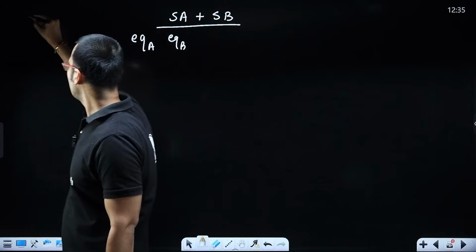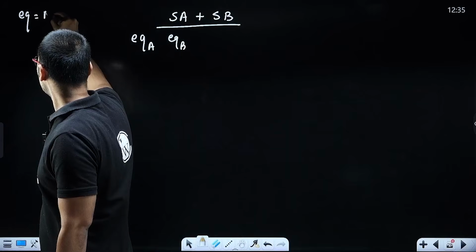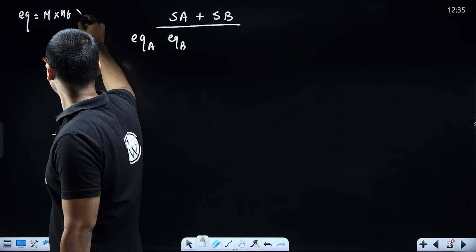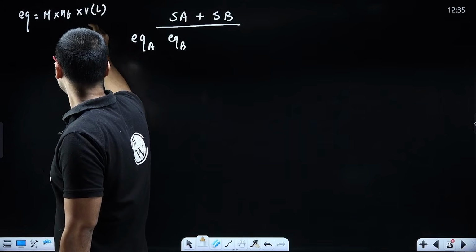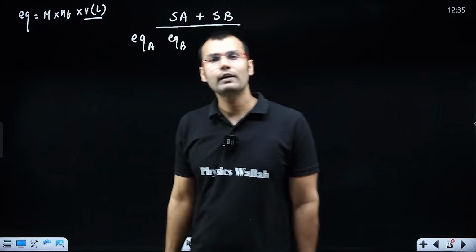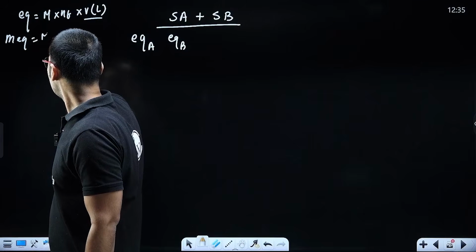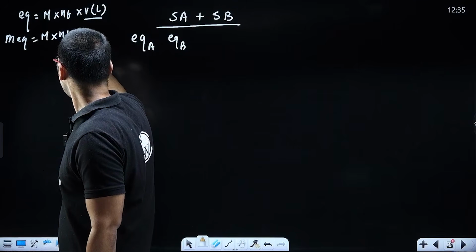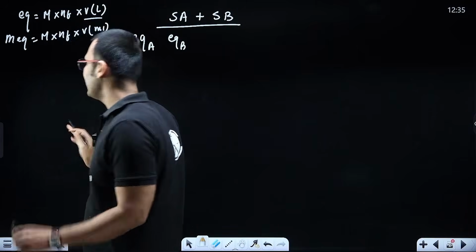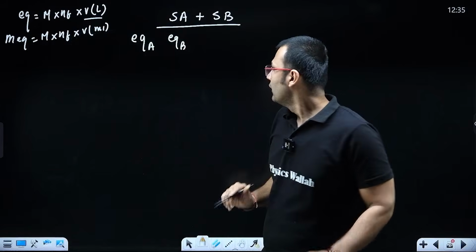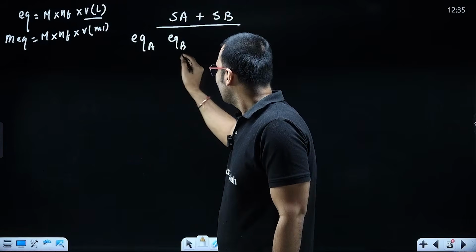And how do you get equivalent? Equivalent is molarity into n factor into volume in liter. If you keep your volume in ml, then you will get milli equivalent. Milli equivalent will be molarity into n factor into volume in ml. So according to the question, whatever you wish you can do. But first you calculate equivalents of acid and base.